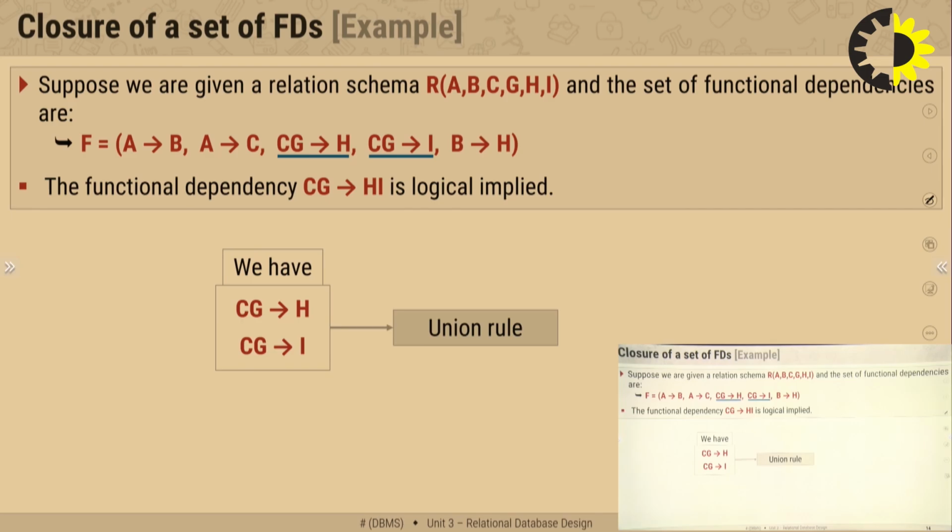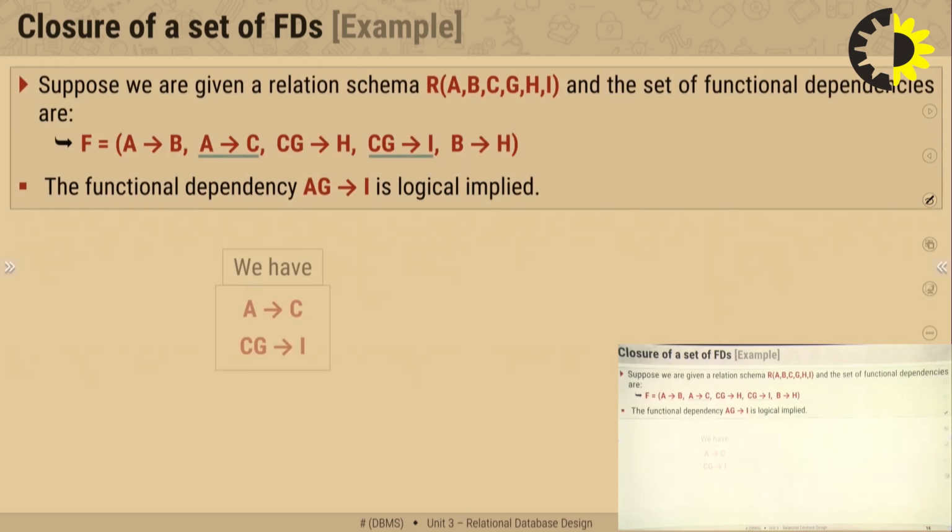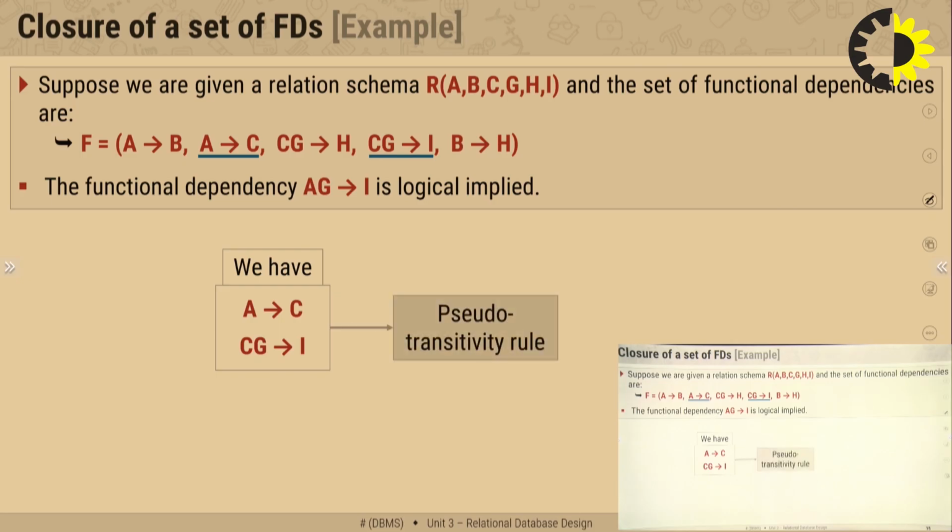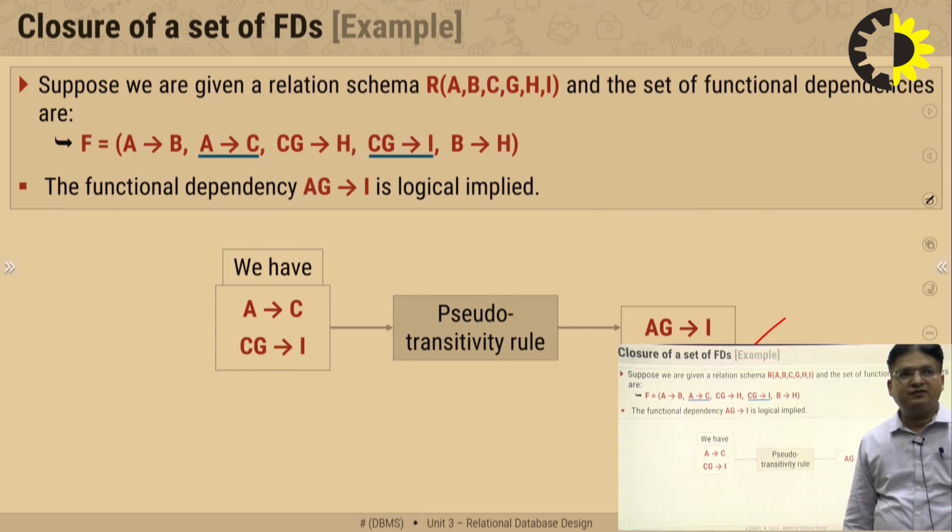Next is CG determines H and CG determines I. Then using the union rule, we can say that CG determines HI. Next one, A determines C and CG determines I. Then we apply the pseudo transitive rule, and it will be AG determines I. This is by the application of the pseudo transitive rule. We need to clearly see which FDs are to be selected in order to derive new FDs.